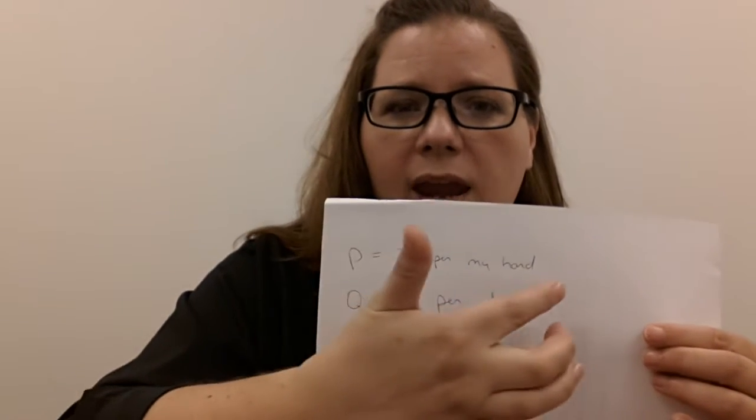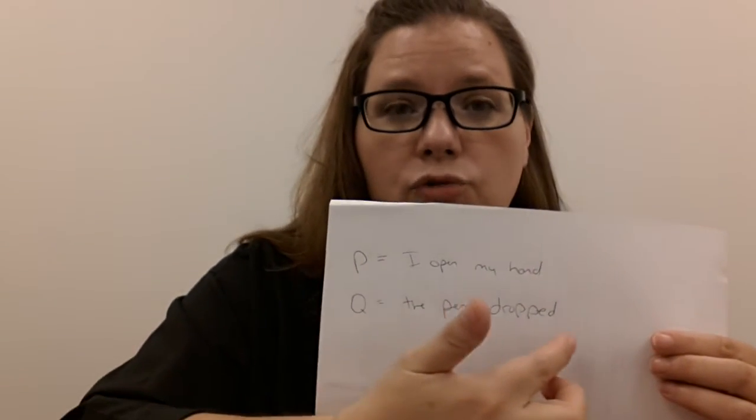Each of the arguments has the same first premise: if I open my hand, then the pen will drop, which we're going to write as if P, then Q. So we're testing to see, depending on the second premise, which of these structures are valid and which are invalid.